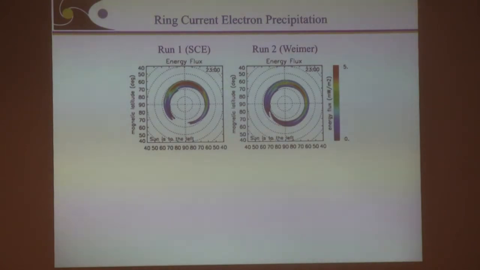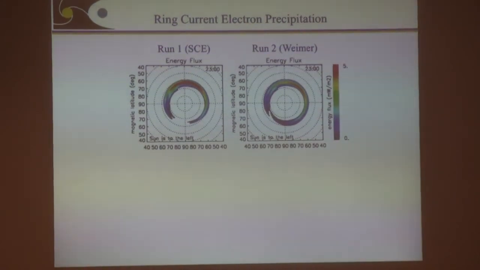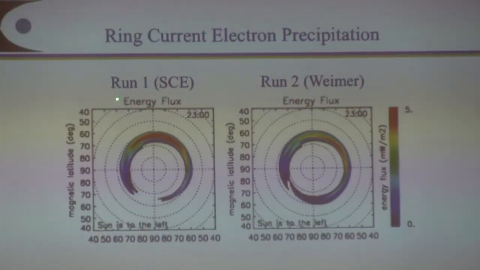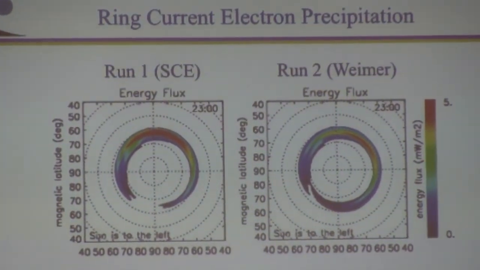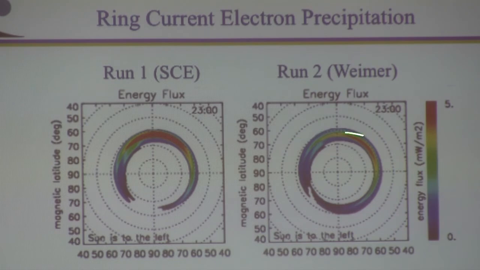And as I said, we also calculate the electron precipitation into the ionosphere. This shows the two runs, and this is the ionosphere. Sun is on the left, and what I'm showing here is the energy flux.